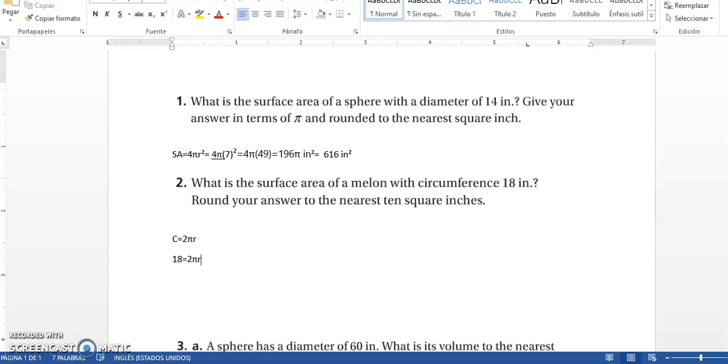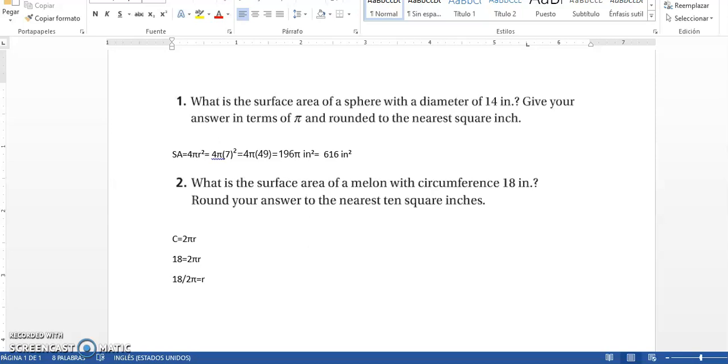The next step is to solve for the radius. It will be 18 divided by 2 pi, which is the radius, the information that we need.